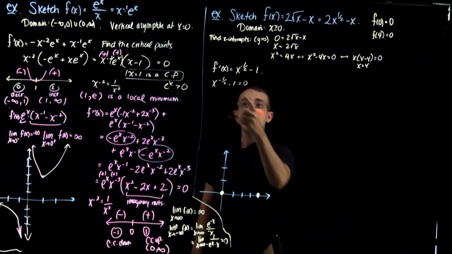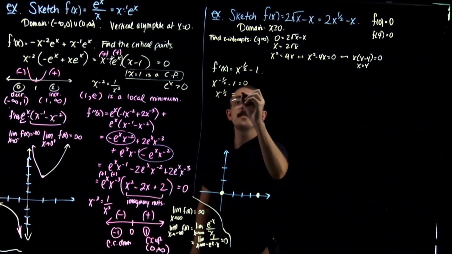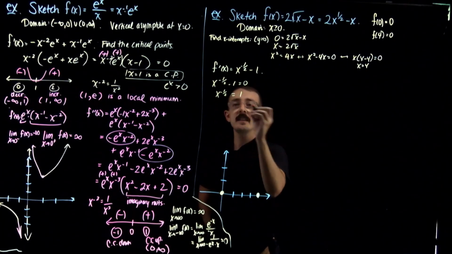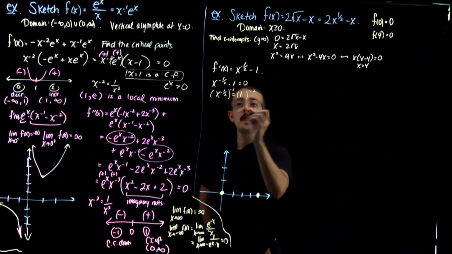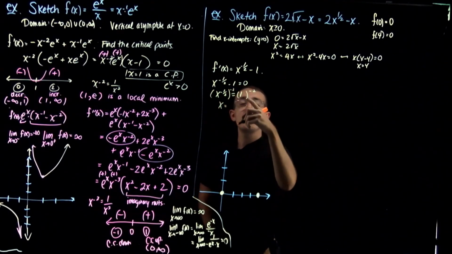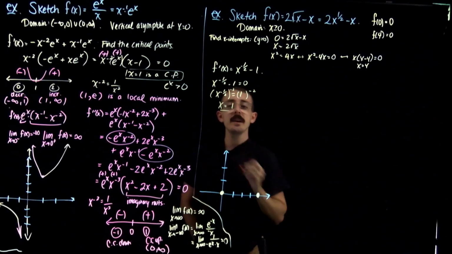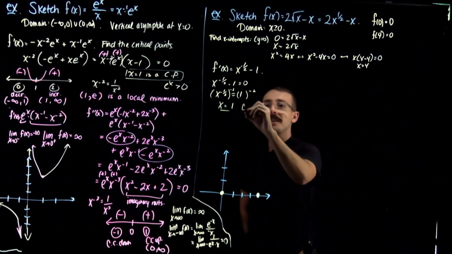How would I solve that? I could add 1 to the other side, and then I could raise both sides to the negative 2 power. And I'll get x equals 1, since 1 to any power is going to be 1. So x equals 1, mysteriously again, is a critical point.